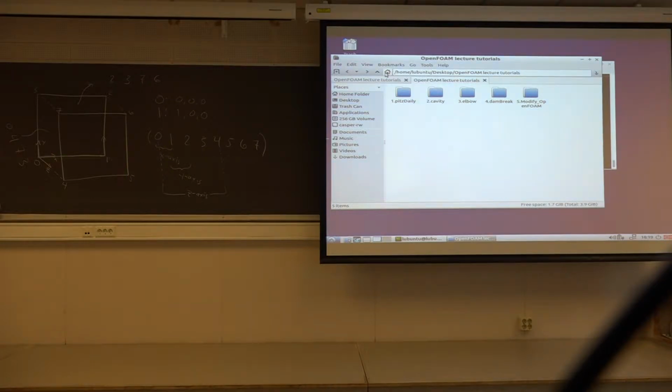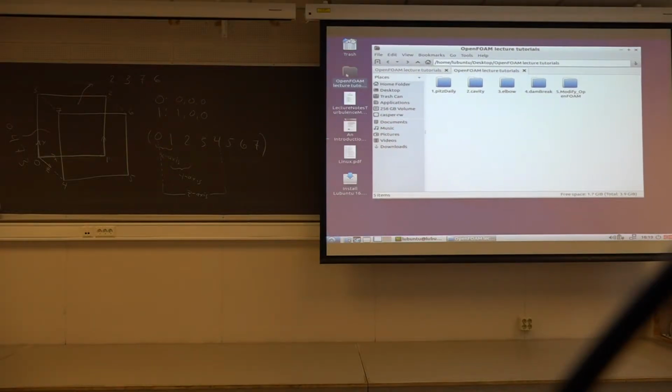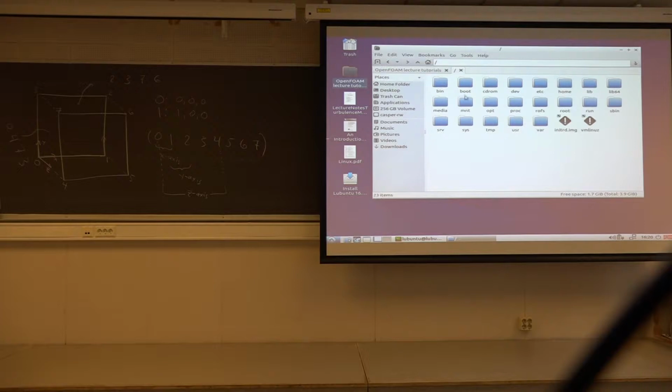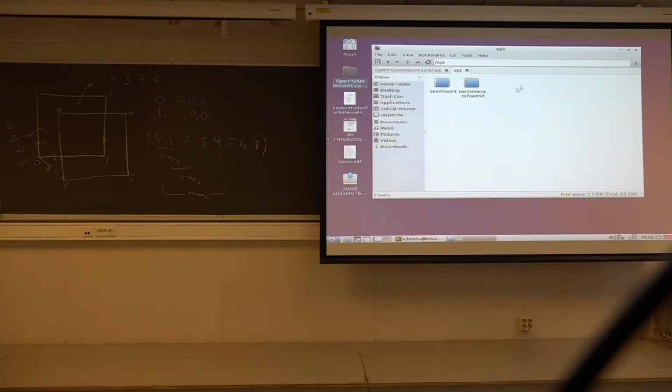Well, here I start by locating OpenFOAM. So you can use this folder as a starting point and then just go to parent, parent, parent, parent, all the way down to the root on your memory pin on your system. OpenFOAM is located under the opt folder here. So I double click on opt and then OpenFOAM.